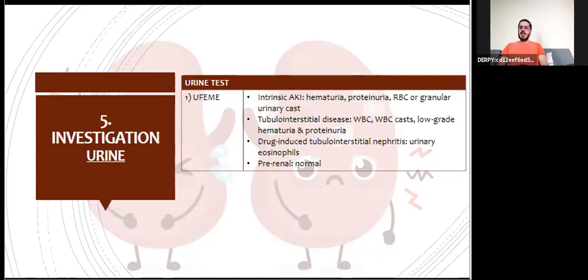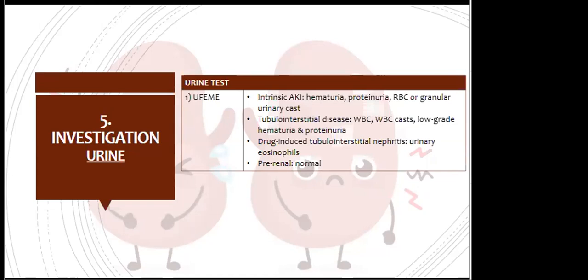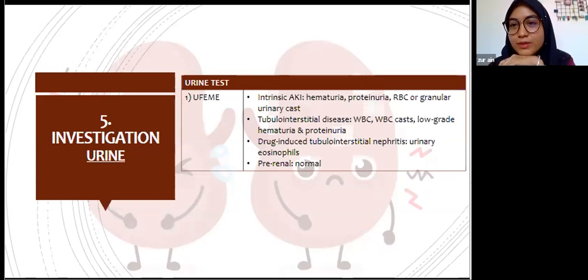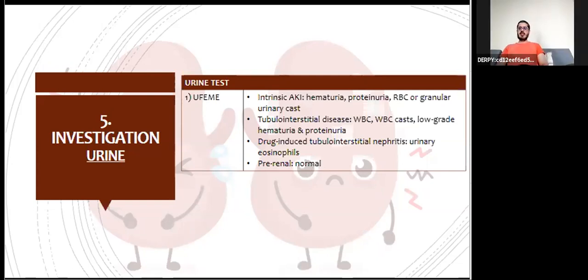If pre-renal, the urine specific gravity will be high, more than 1.02. If it is renal, it will be less than 1.010. Yes, very good.